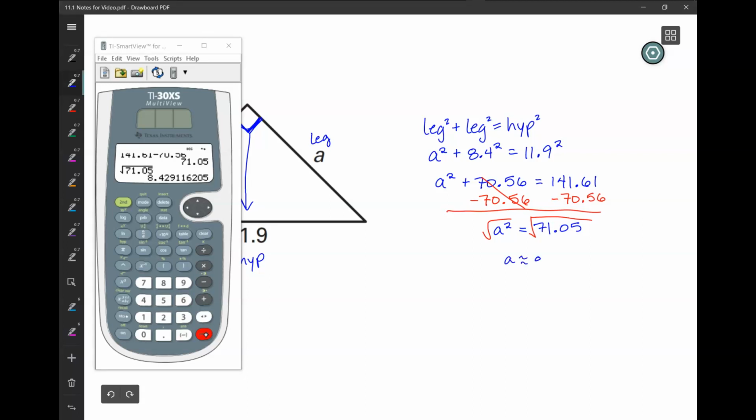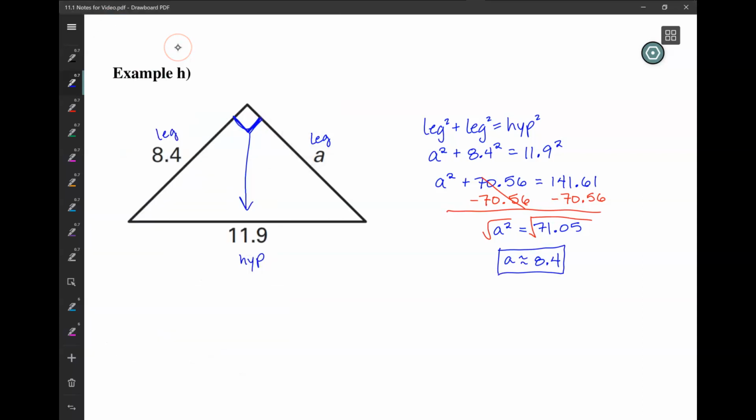So that's about 8.4. All right, so a is about 8.4. Oh, hey, look, about the same as the other leg. And the hypotenuse is about 11.9. Hypotenuse is the longest side.